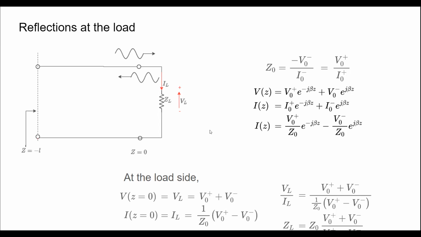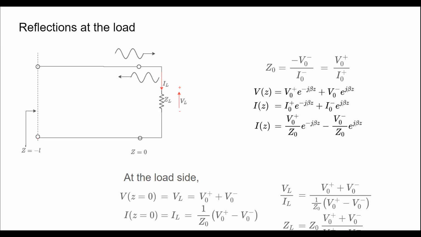So in order for us to get an idea about how much of the wave is getting reflected back, we need to find some more parameters regarding this transmission line, right? In order to find a parameter called the reflection coefficient, we need to first find a very simple equation for that.